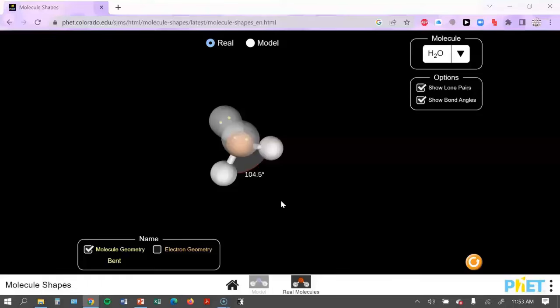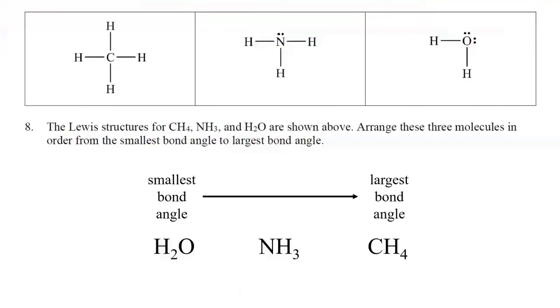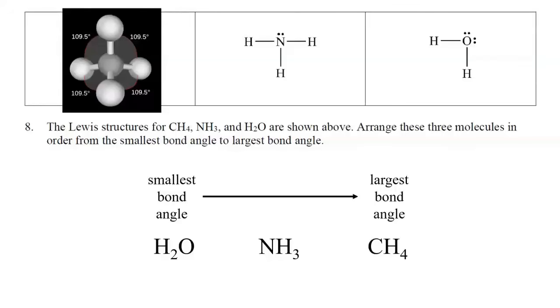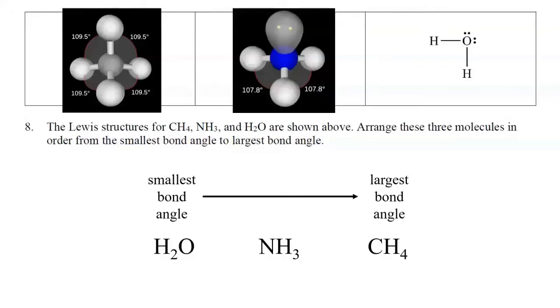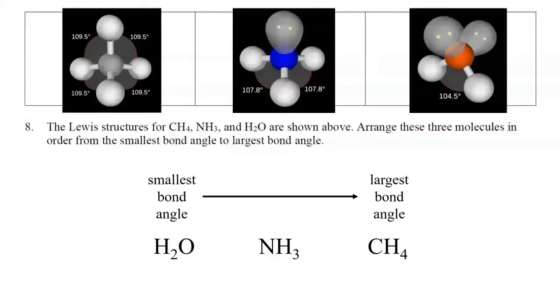It's approximately 105 degrees. So here are the bond angles for these three molecules: 109.5 for CH4, approximately 107, 108 for NH3, and approximately 105 for H2O.